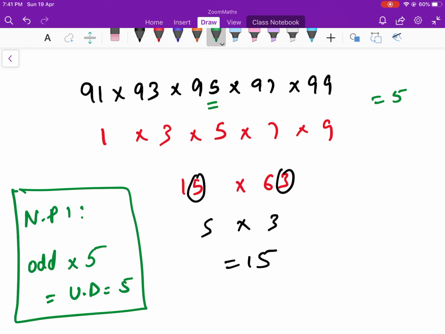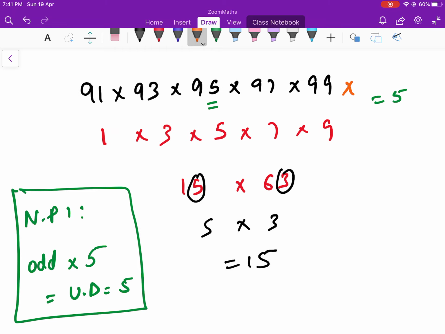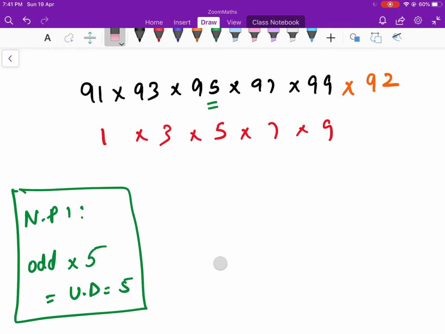Let's change the question a little bit. Let's say now I add one more number, say 92 over here. Once I add 92 over here, let's see what happens. It's again unit digit 2. Now you observe over here, when a 2 comes in the picture, you have got 5 into 2.